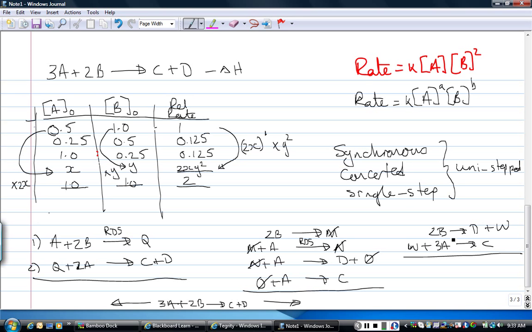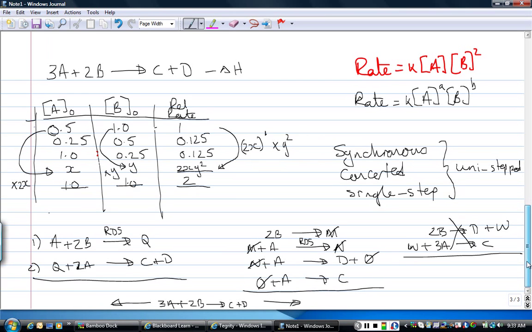And then whichever step I pick here as the RDS wouldn't be right, because if I pick this one, the reaction should have been second order in B and 0 order in A. If I pick this as my RDS, then the reaction will be second order in B and third order in A. So this mechanism is wrong on many fronts, and you'll be getting questions that say, critique a given mechanism.